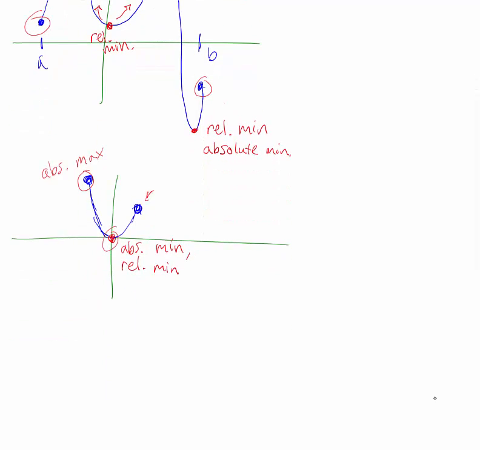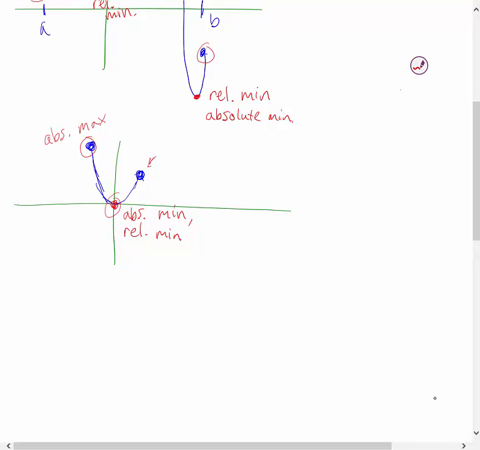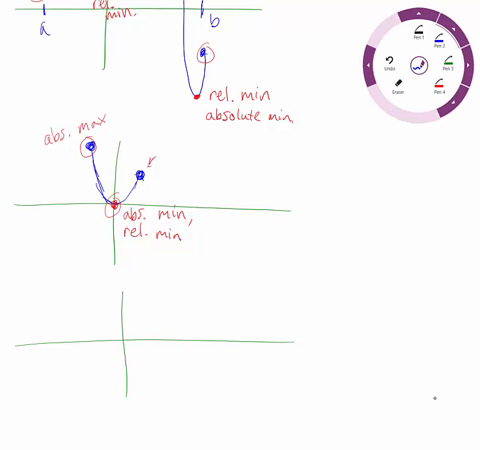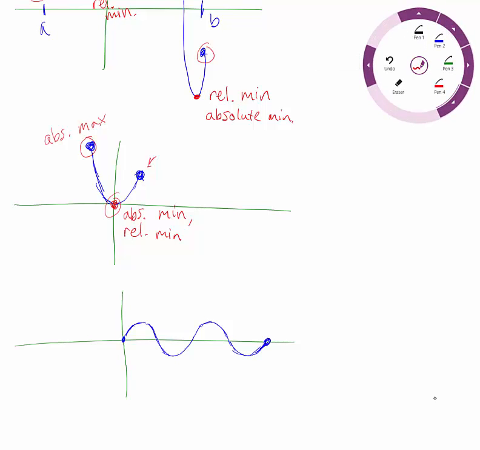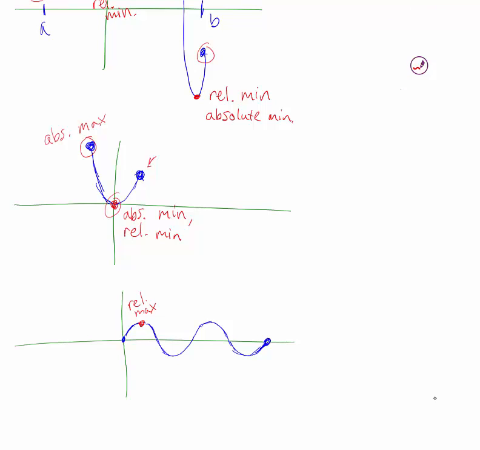One last thing about these: hypothetically, let's say you had something like the graph of sine x, comes up, goes back down, up, goes back down, and let's say we stopped it right here. Now in this case, we have a relative max here, a relative minimum over here, another relative max, and another relative min.